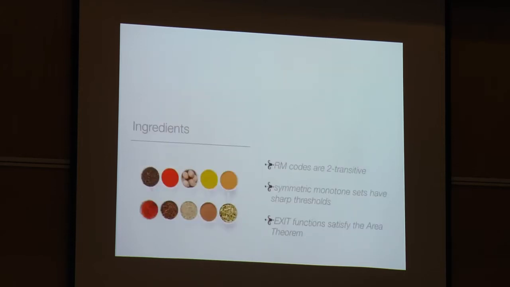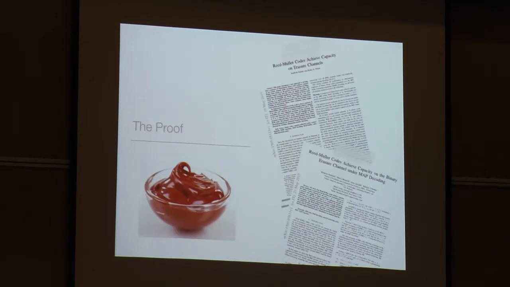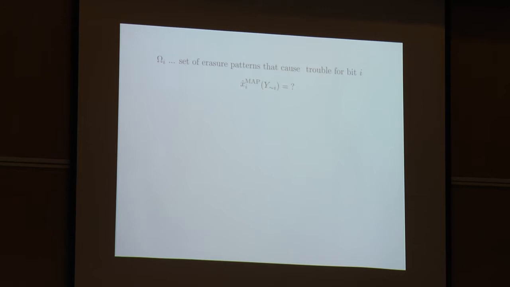Good. So now, how do we put things together? Exactly as before, we have this set of erasure patterns that cause trouble for bit i. These are exactly the ones where the erasure pattern covers a codeword that has a 1 at the special position, and otherwise it's just covered.